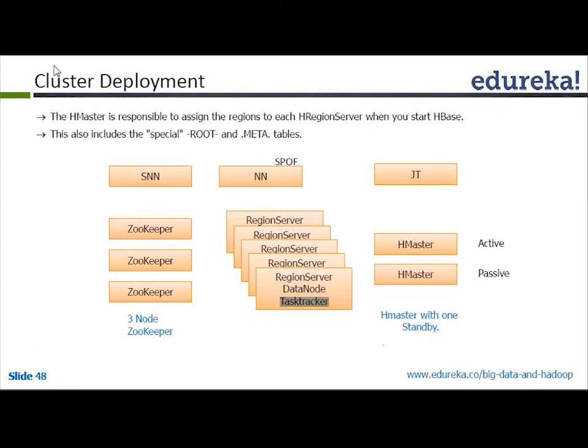So if the active goes down, passive will come up. We have seen that, federation and all of those things, right? That's correct. The name node is still a single point of failure, but you will have active passive. That means if the name node goes down, it will go to the passive. That's what we're trying to say. Cool. Fantastic.